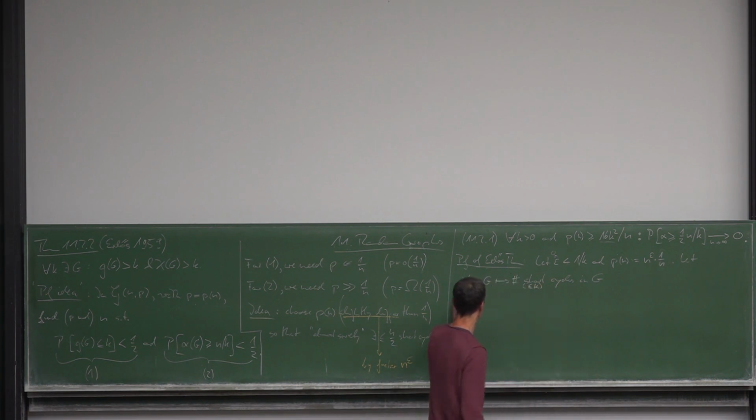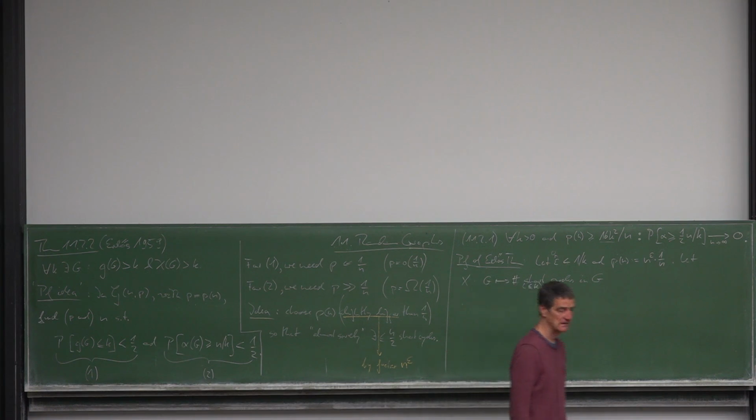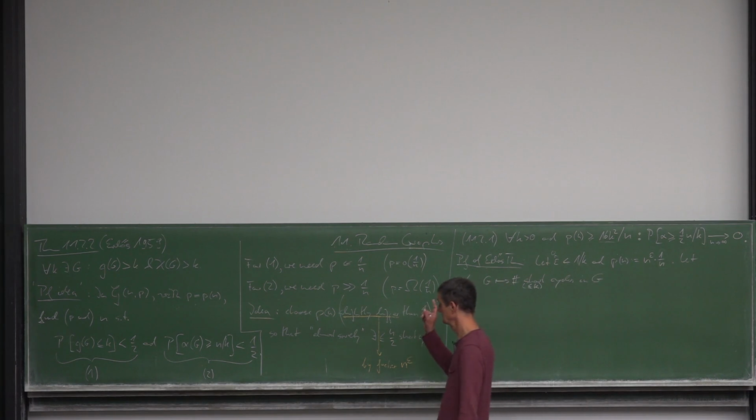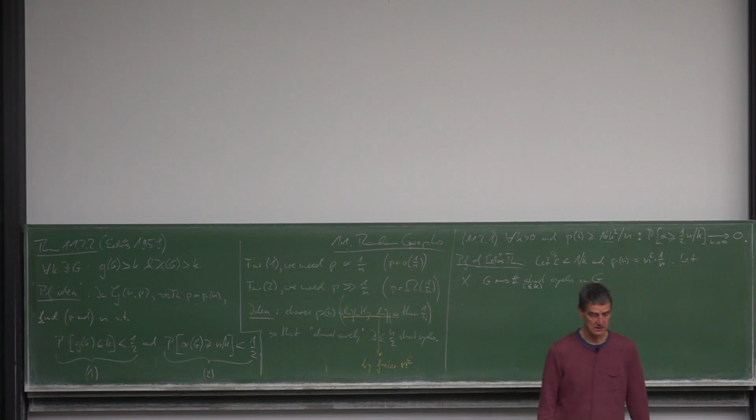right, that's just x. And we want to use Markov to show that the probability that x is bigger than we want, more than half n, right?